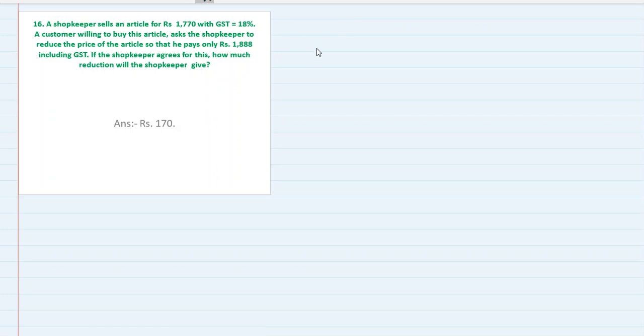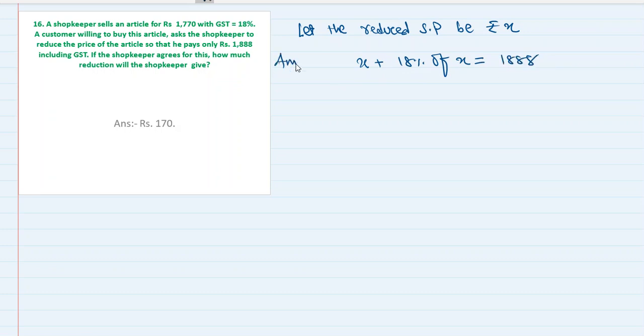So now let the reduced or discounted selling price be rupees X. So X plus 18% of X is equal to 1888. This is the amount paid by the customer.